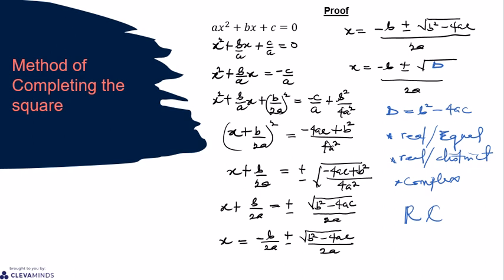We can easily say that since we have two solutions for any quadratic equation, alpha equals minus b plus the square root of the discriminant over 2a, while beta equals minus b minus the square root of the discriminant over 2a.